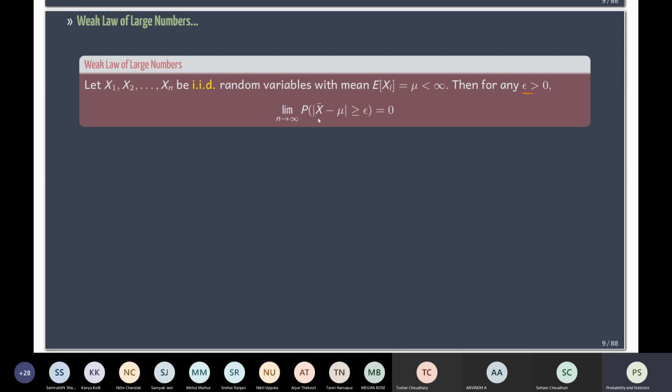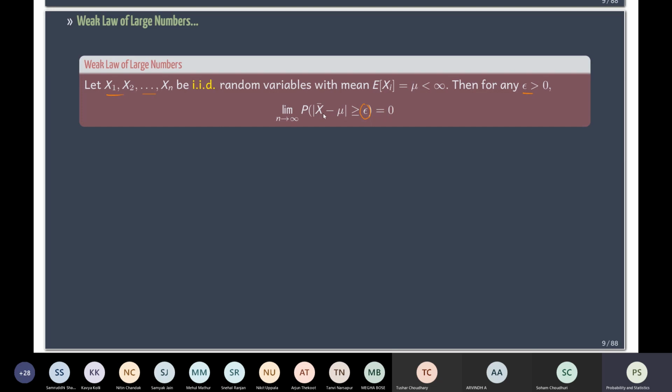It says that the probability that the absolute difference between the sample mean and the mean mu is greater than epsilon tends to 0. That's what it's trying to say.